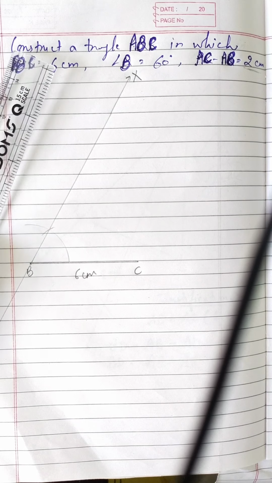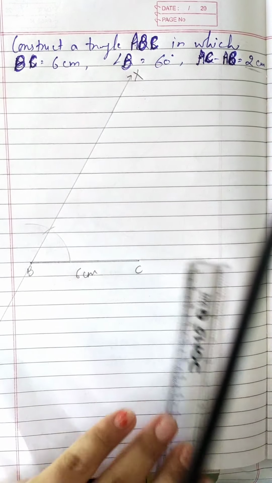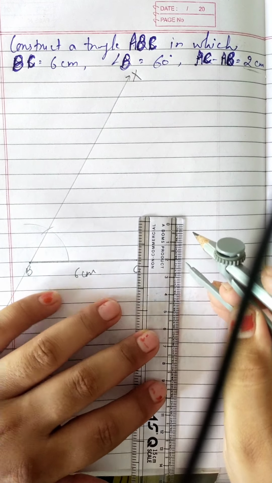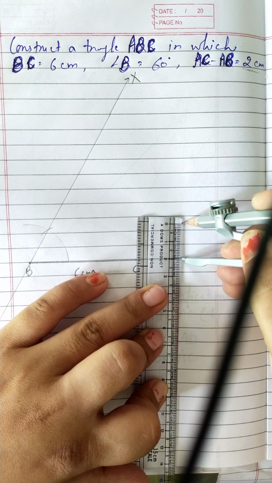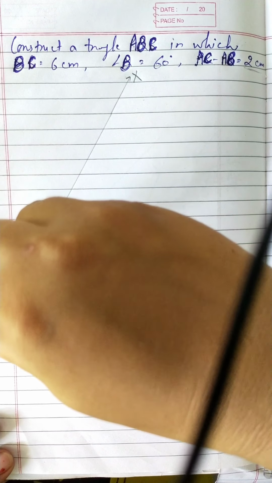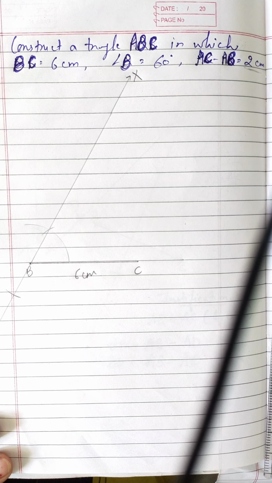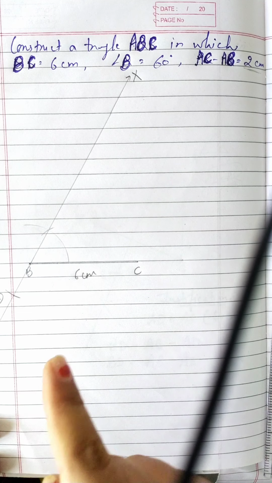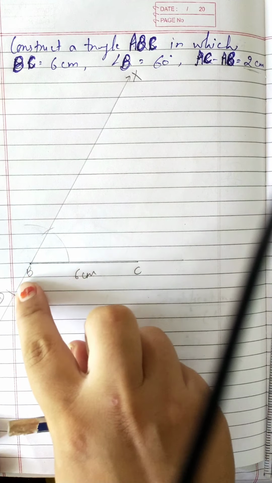So now mark an arc with center B of 2 centimeters. We'll get that arc, name that point D. So BD will be equal to 2 centimeters. First of all, measure it with the compass and scale. So this is 2. Now downside mark an arc of 2 centimeters. Name this point D. So this is the only difference from the first part. Understood? BD you have to take downside of B.